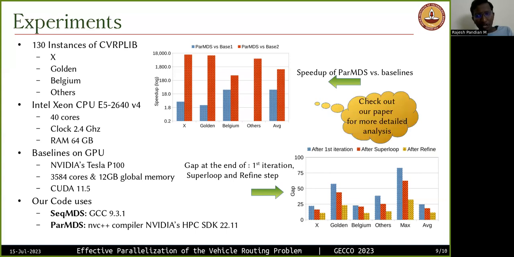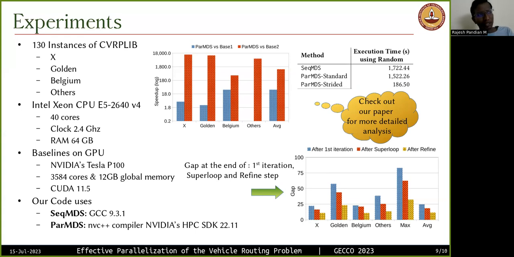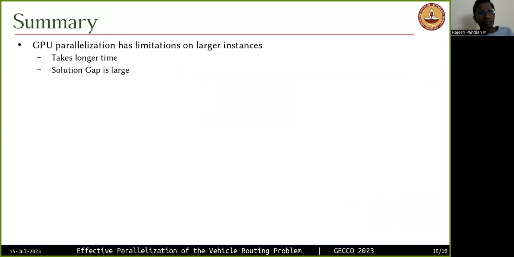Right. Check out more details in the paper, and we highlight one more point. All the 130 instances completed in close to 3 minutes, whereas even the largest, Flanders, was taking more than 2 hours in the fastest GPU implementation. So to summarize, GPU parallelization had limitations on larger instances.